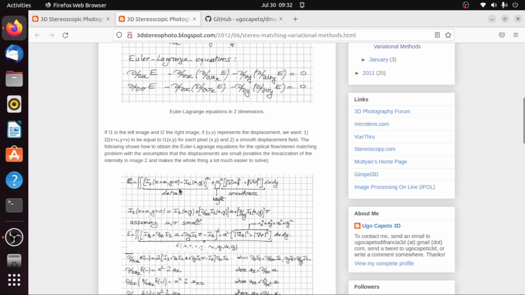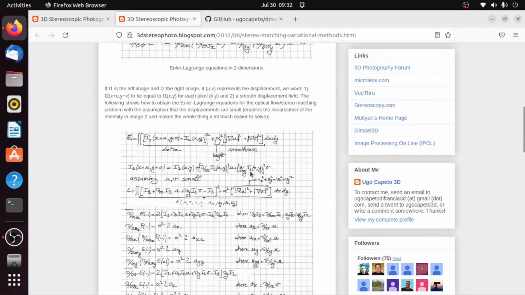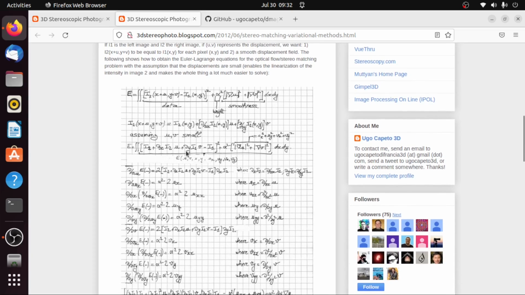Okay, so here I'm actually looking at the equation for the optical flow stereo matching. I'm just going to show how you get the energy. The energy is the sum over all pixels in your image.